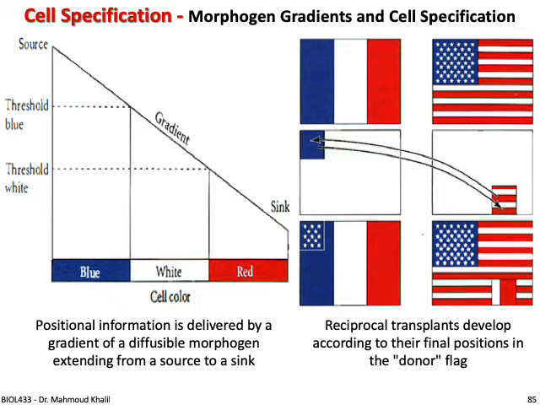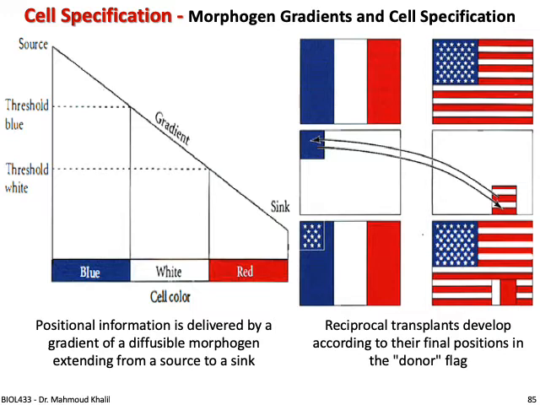In another example, if you look at the French and the US flags, if you switch parts of the flags between the France and USA flag, you will find that the region that is transferred from the American flag to the French flag developed into the same position stars as on the original flag.